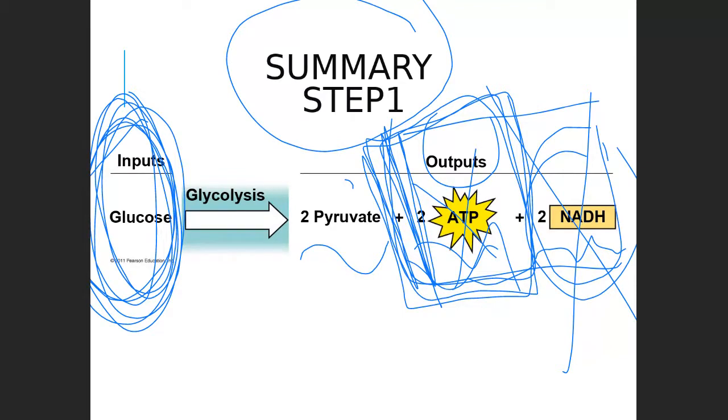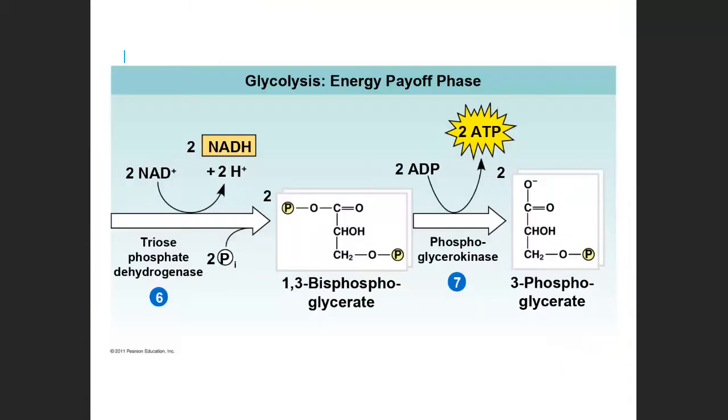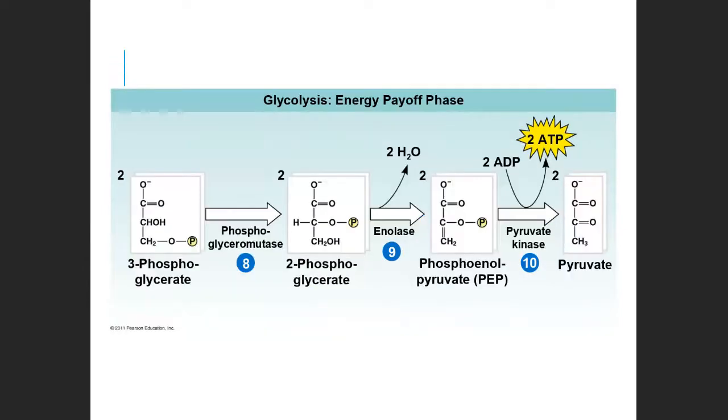So far, I produced 2 ATPs. How is this ATP produced, guys? All right, let's see how this ATP is produced. This ATP is produced by this substrate, using this enzyme, by substrate level phosphorylation. So is this one too.